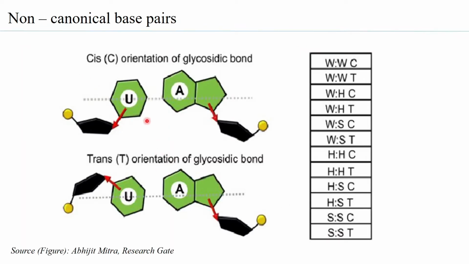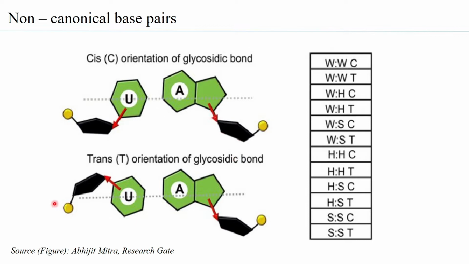Now, we said that when you're looking at the canonical Watson and Crick base pairing, you have the sugars in the cis orientation. What does that mean? When you have the base pair and you draw the line of symmetry, or an axis of symmetry, in this direction, you will find that the sugars of both the nucleobases are on the same side. So this is what is called the cis orientation.